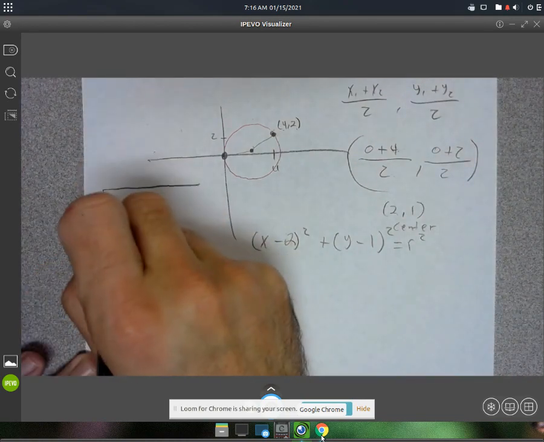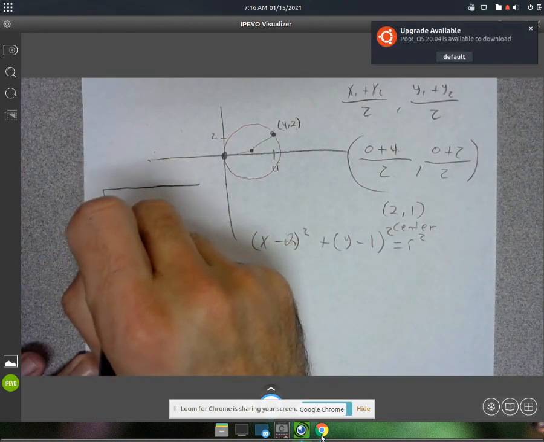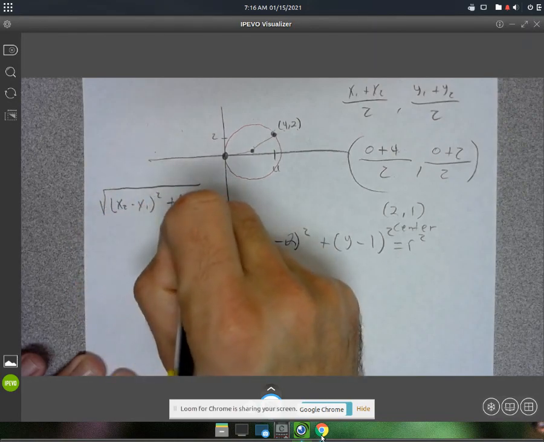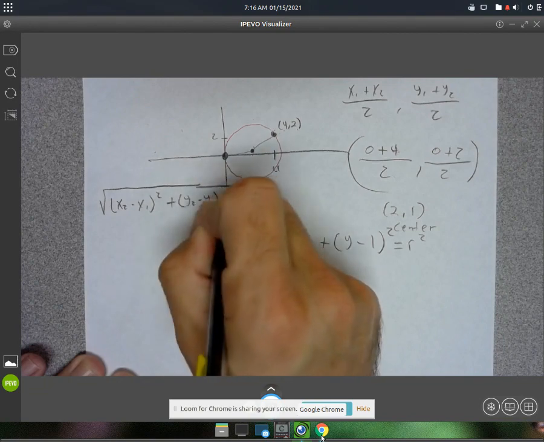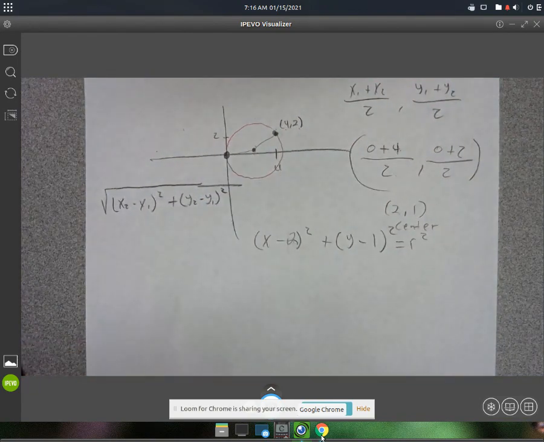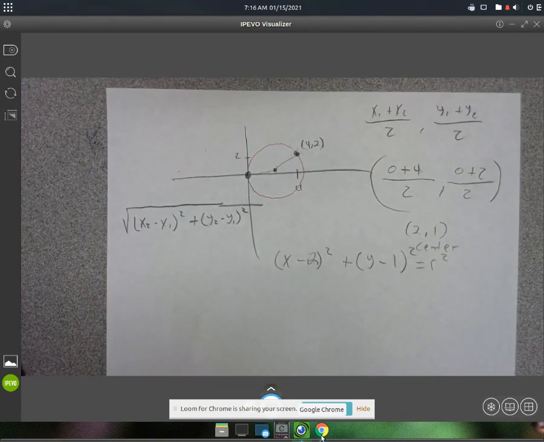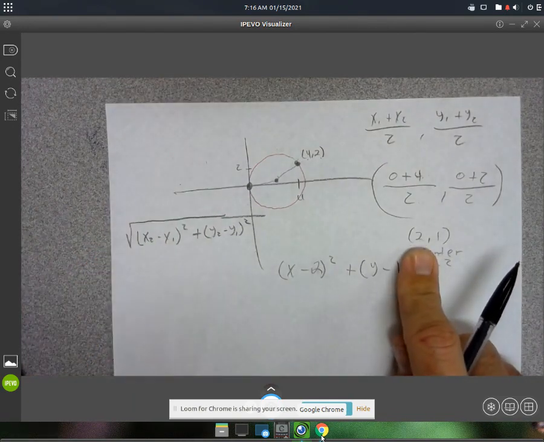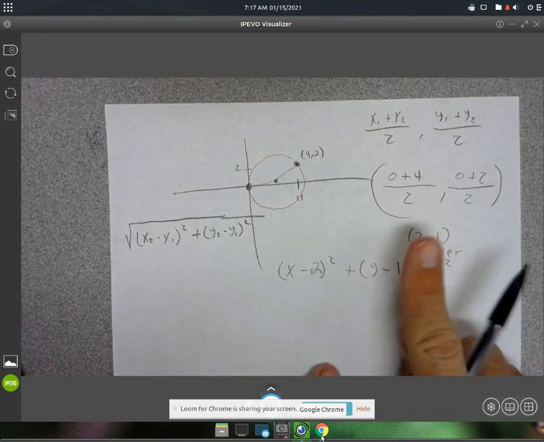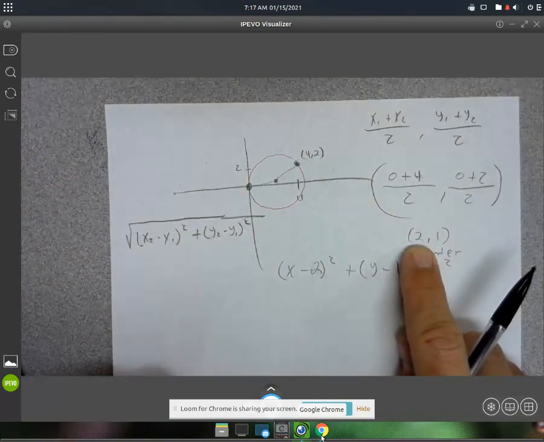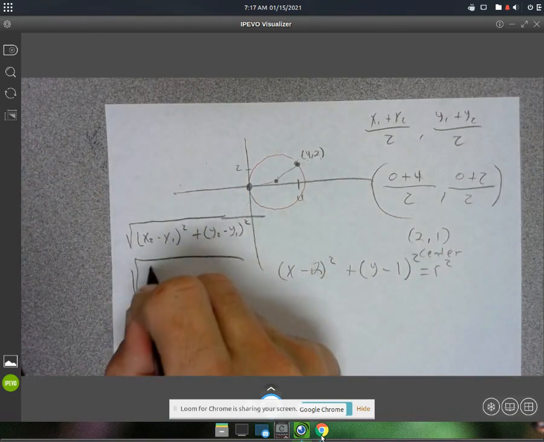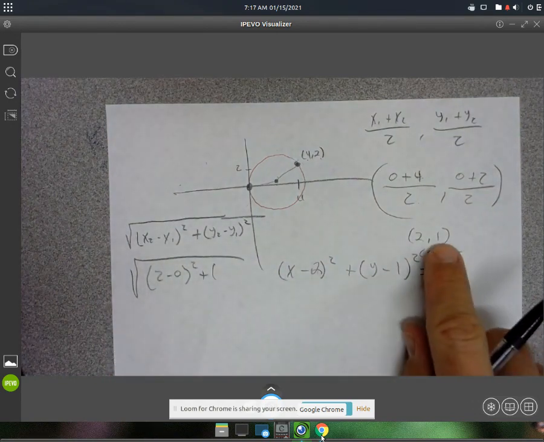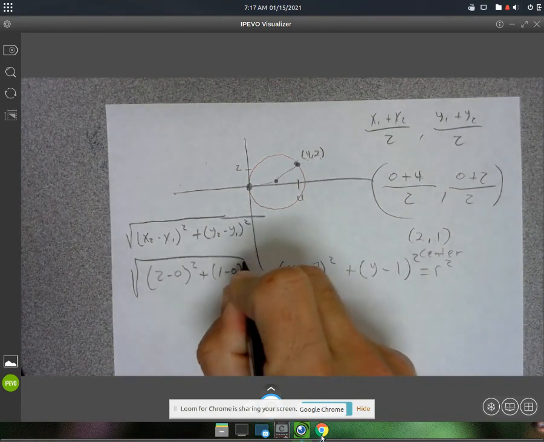So the distance formula is the square root of (x2 minus x1) squared plus (y2 minus y1) squared. You're basically subtracting the x values. So it's 2 minus 0 squared plus 1 minus 0 squared.